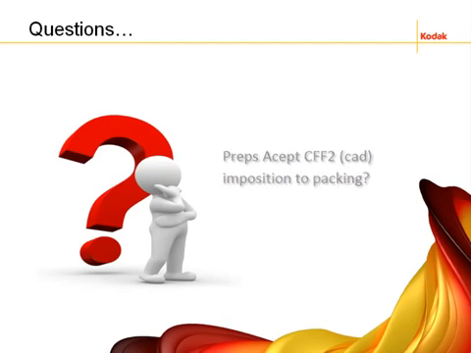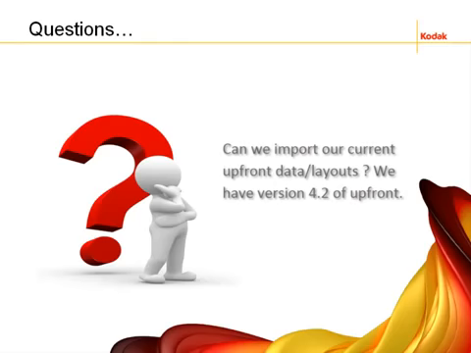Okay. Can we import our current Upfront data and layouts? We have version 4.2 of Upfront. So just so everybody is clear, as a product, Upfront in its database would have a phase where it writes in a press layout. That press layout in the Upfront database is exactly equivalent to a PREPS template.